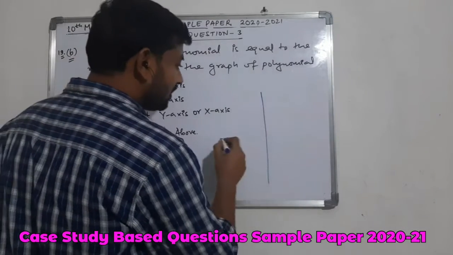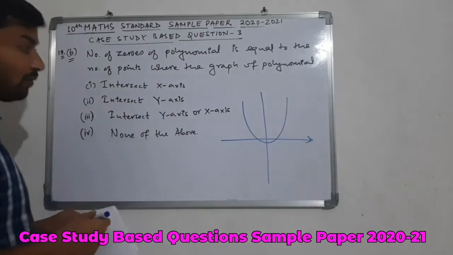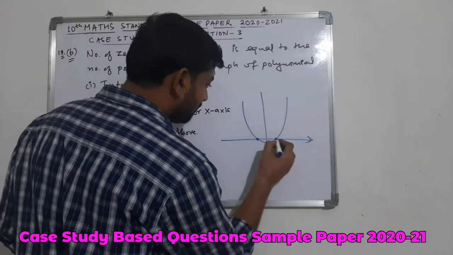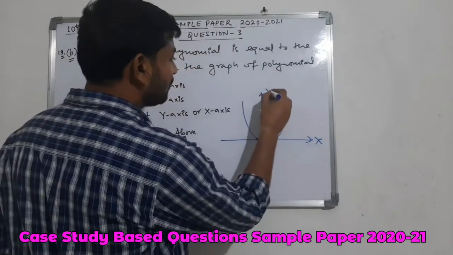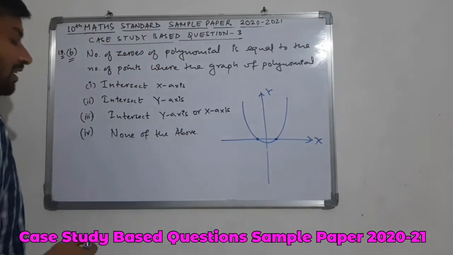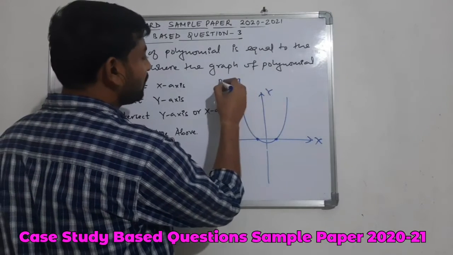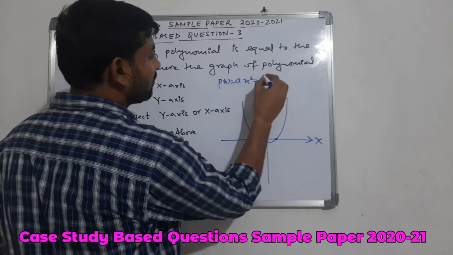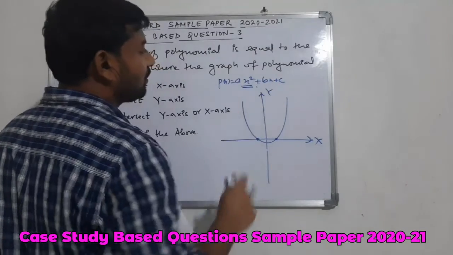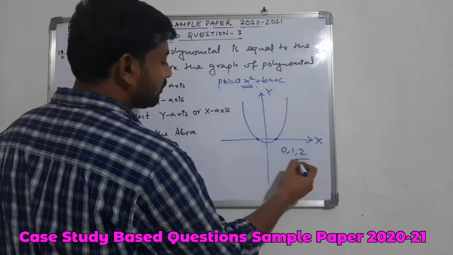यहाँ पर जो भी इक्वेशन आती है वो पैराबोला हमेशा अपवर्ड या डाउनवर्ड ओपन होता है, और ये नंबर ऑफ जीरोस जो है वो हम हमेशा देखते हैं कि जो ग्राफ है उसका वो एक्स एक्सिस पर कितनी जगह इंटरसेक्ट करेगा. At most it can be 2. पैराबोला में जो इक्वेशन है p of x, that is x square plus bx plus c. So here the maximum number of zeros can be 2, so it can have value 0, 1 or 2.